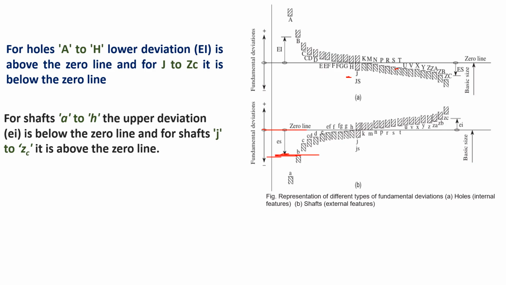So for shafts small a to small h, this upper deviation is below the zero line, and similarly for shafts j to ZC, the upper deviation is above the zero line.